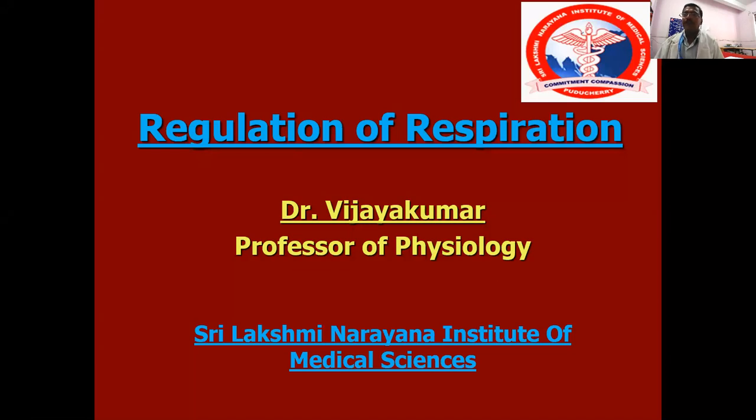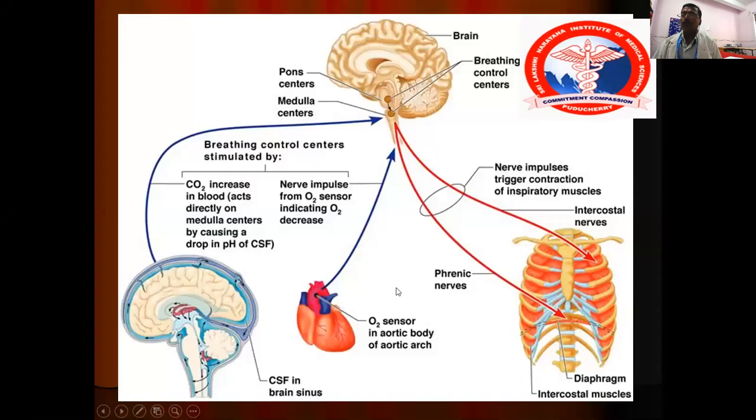Today, I am going to handle the regulation of respiration. The regulation of respiration in humans is a very interesting one. When the respiration shows any changes, automatically, from our brain, there are several centers to control the respiration.